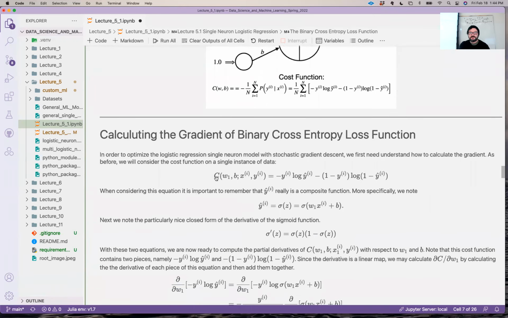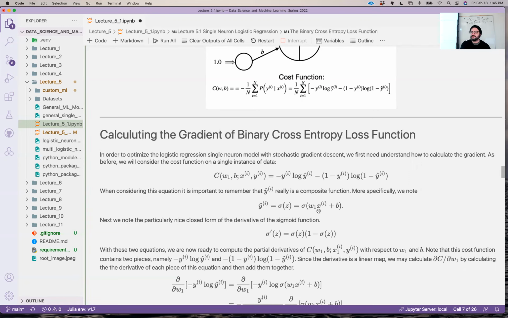So for a given single instance, our cost function in the current model, where we have one weight and one bias, looks like this. It's precisely this, right? Now, when considering this equation, it's important to remember that y hat really is a composite function. Y hat is equal to sigmoid of the pre-activation, and z is itself a linear function of w and b.